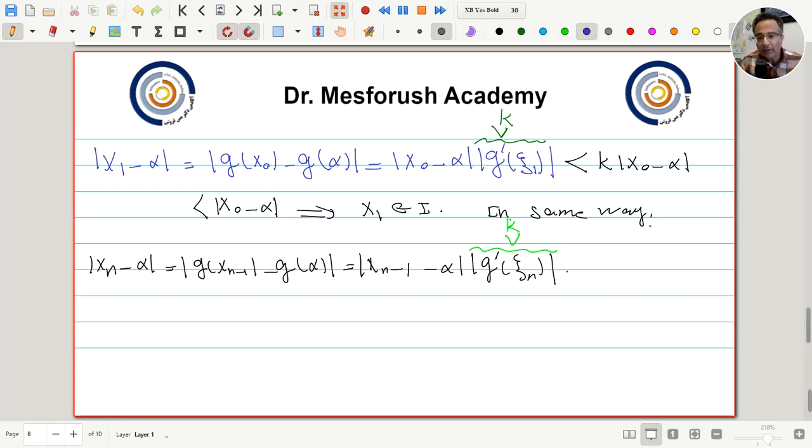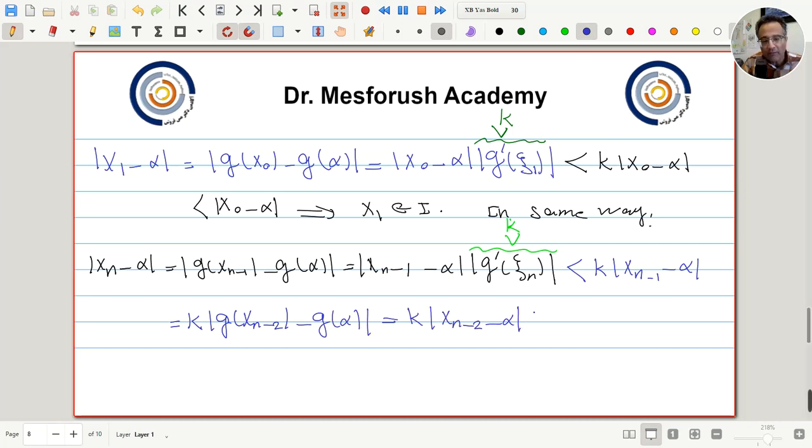Okay, so it will be less than k times absolute value of x_{n-1} minus alpha. We repeat this cycle and we get k times absolute value of g of x_{n-2} minus g of alpha. This will be equal to k times absolute value of x_{n-2} minus alpha times g prime of xi_{n-1}.